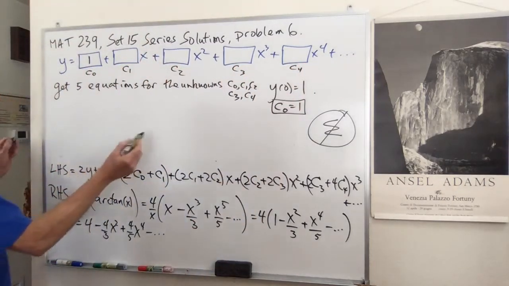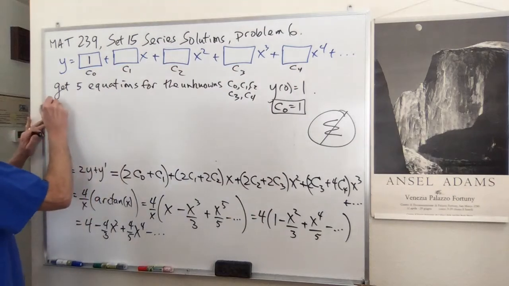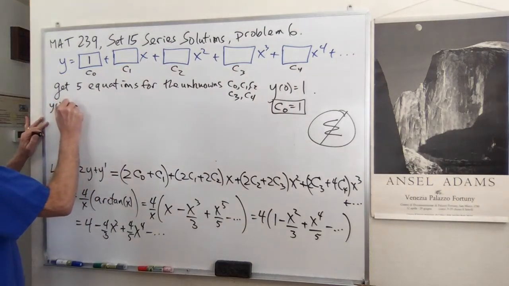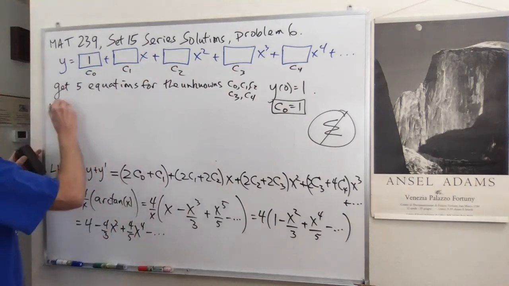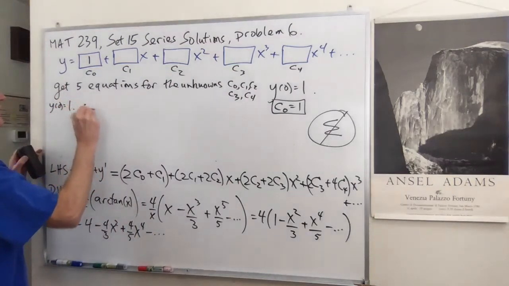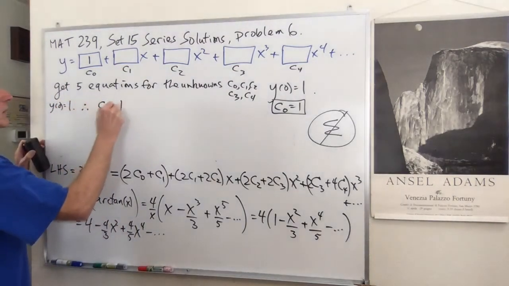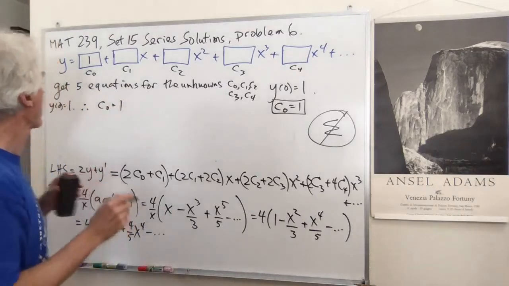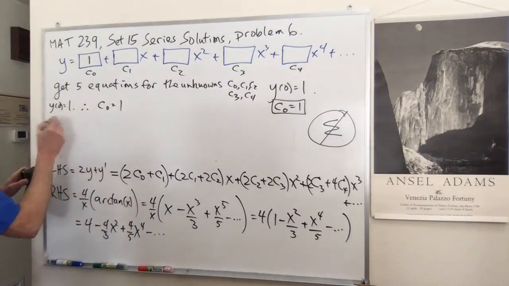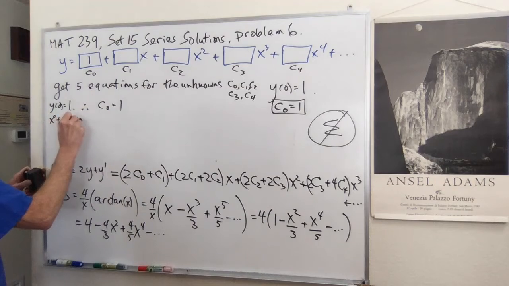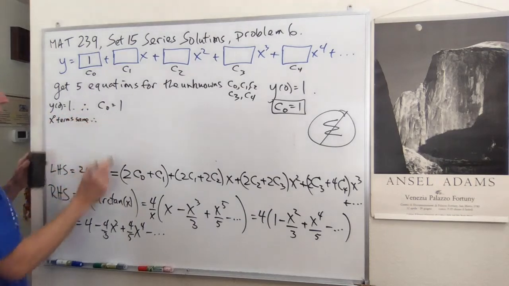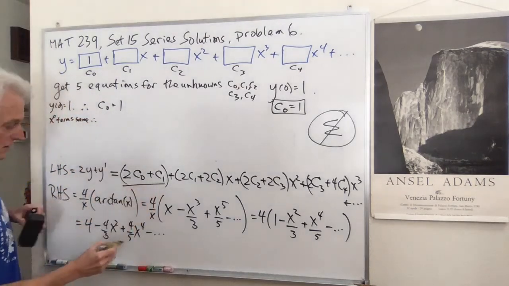Okay, the first equation comes from y of 0 equals 0. Sorry, y of 0 is 1. Therefore, the first equation is C0 is 1. And then I get the x to the 0 coefficients, the terms are the same. Therefore, I get this equals 4.